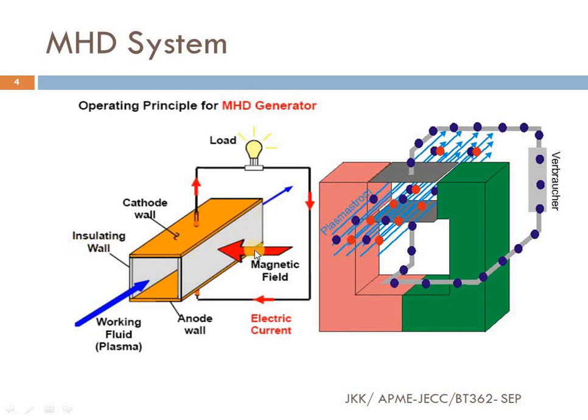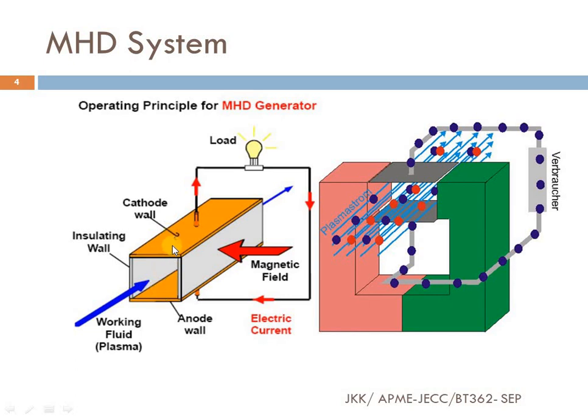As the working fluid passes, it cuts the magnetic field. Since it's a conductor, electricity will be induced in these gases, and that induced potential difference can be trapped by two electrodes.